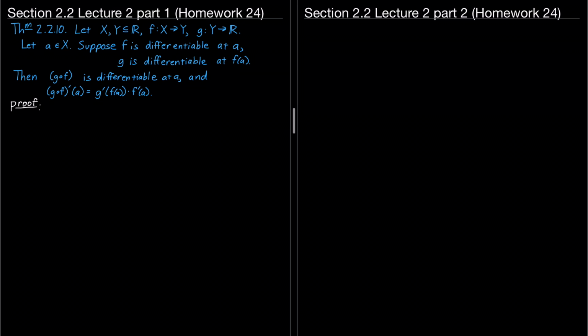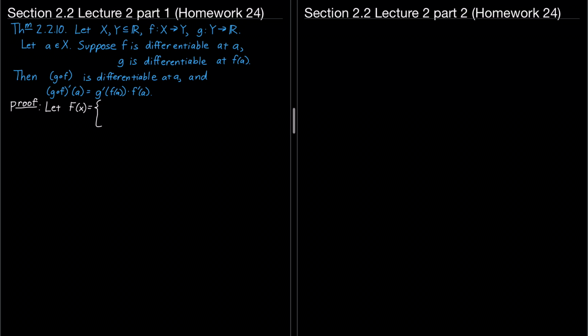And to prove this, we're going to use a gadget that's going to come in very handy in chapter 6 when we're trying to do multivariable calculus. So let's define the following function. We're going to let capital F of x be the following piecewise defined function.